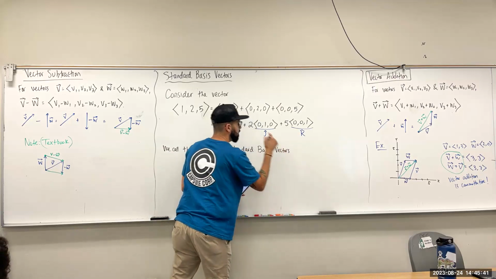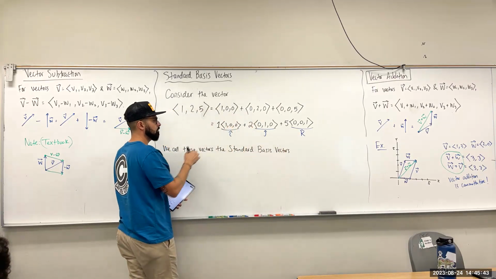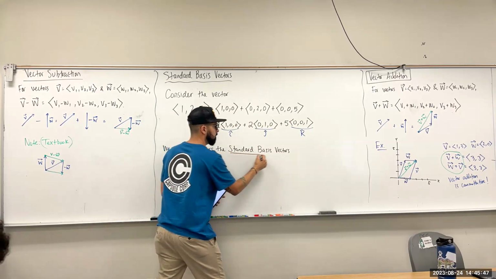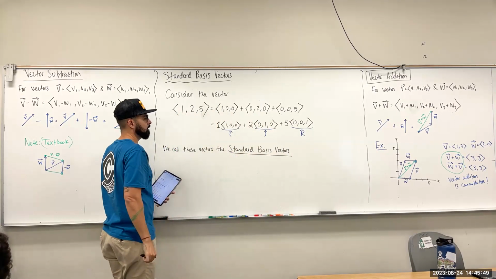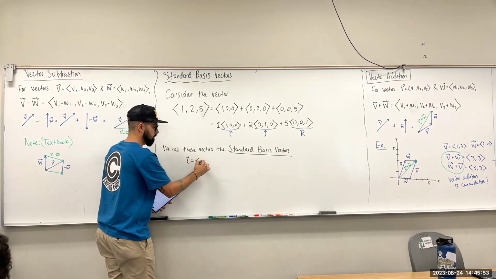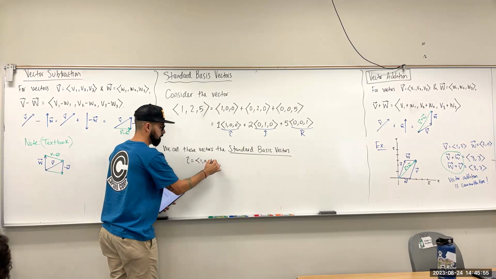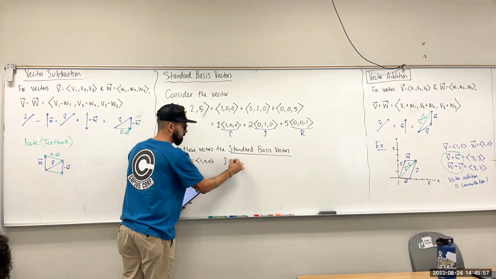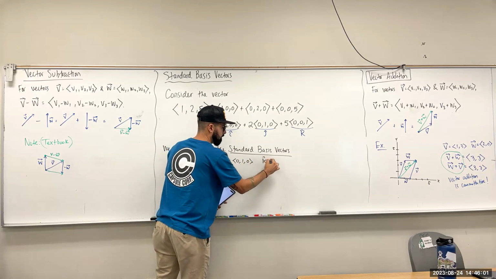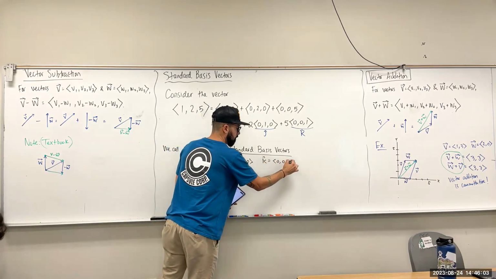They're all based off of these three vectors, and I can just do scalar multiplication with sums and differences to always produce any vector in R3. So i hat is 1, 0, 0, j hat is 0, 1, 0, and k hat is 0, 0, 1.